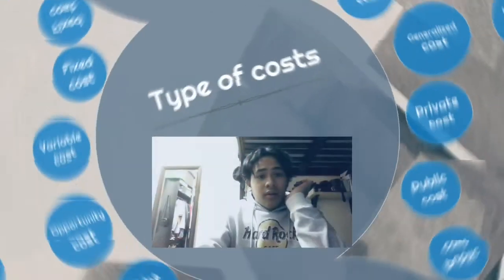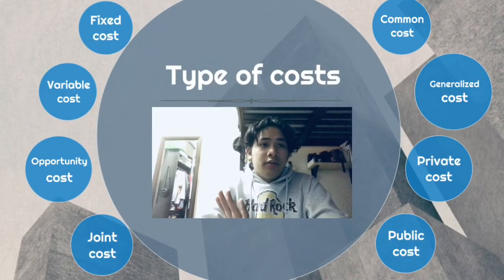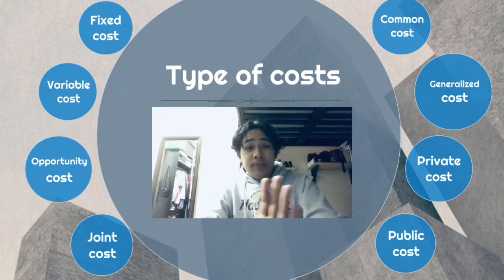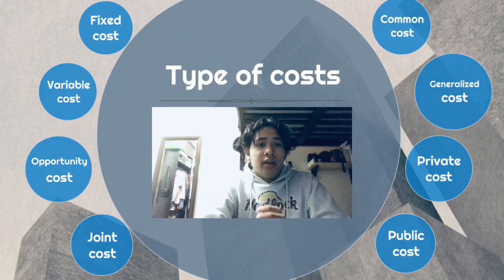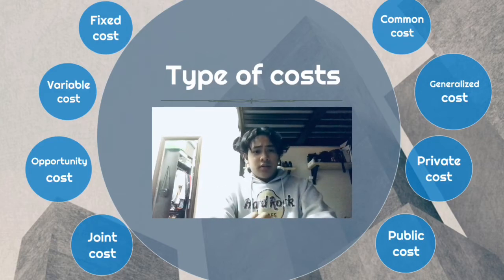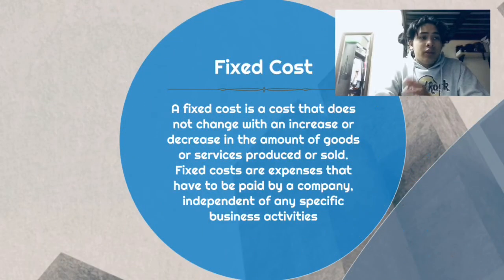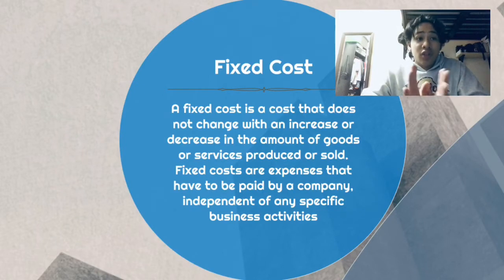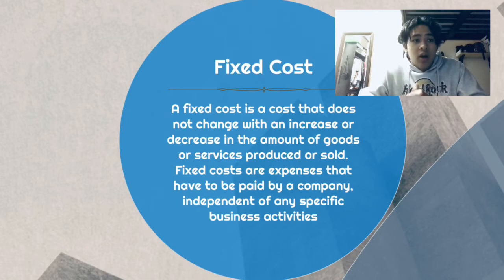Moving on, for the last point, I'll be explaining the types of cost. There are actually 8 of them. The first one is the fixed cost. A fixed cost is a cost that does not change with an increase or decrease in the amount of goods or services produced or sold.